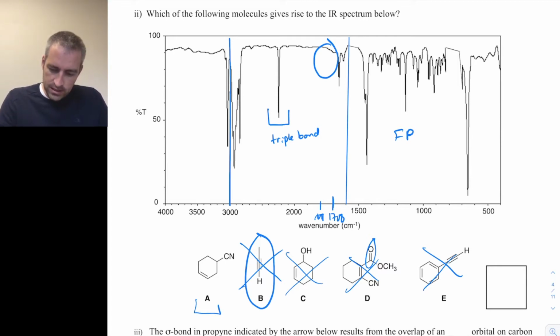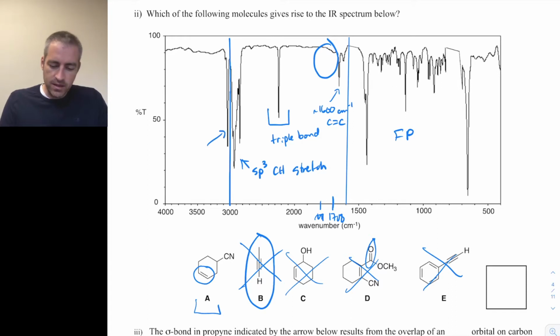The other thing that we can see here is a pretty weak peak around 1600 reciprocal centimeters. That's where you find CC double bonds, which we have in this molecule. Also, if you look out at 3000, we see stuff to the right of 3000, which is sp3 CH stretch.